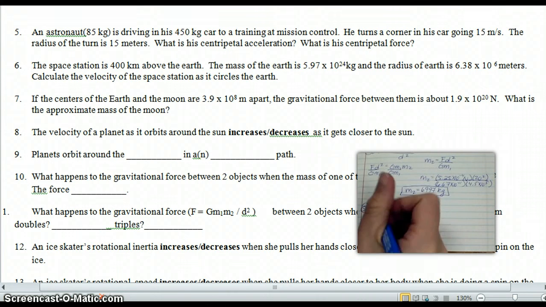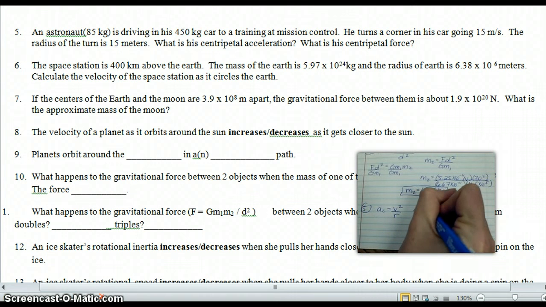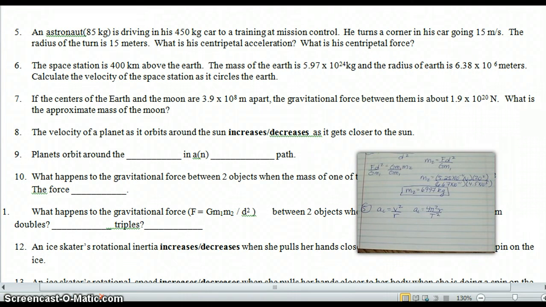So if you remember, we have two different equations for centripetal acceleration. We have v squared over r, and we have 4 pi squared r over t squared. But the information they give us is a velocity and a radius, so we want to use this equation. So we have our velocity squared, which was 15, and our radius, which was 15.